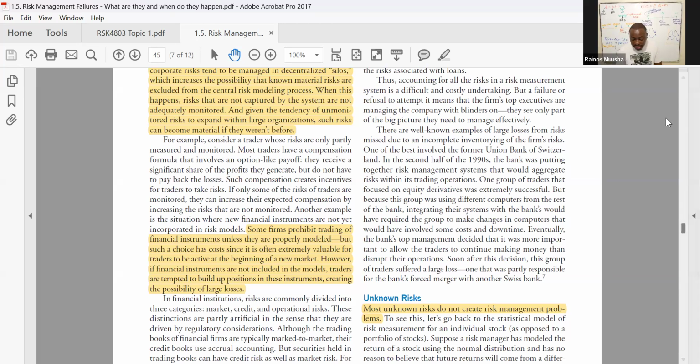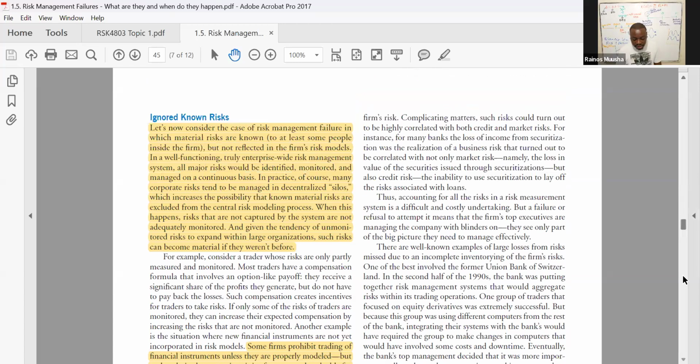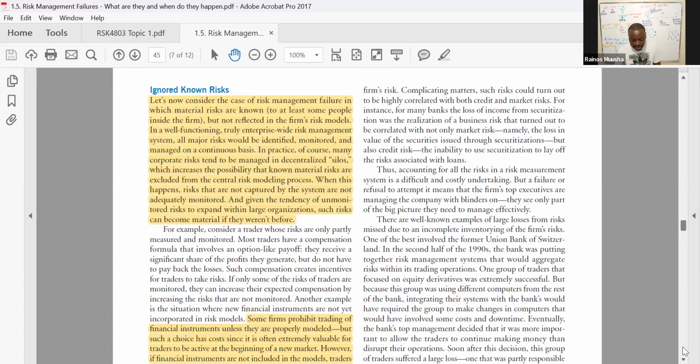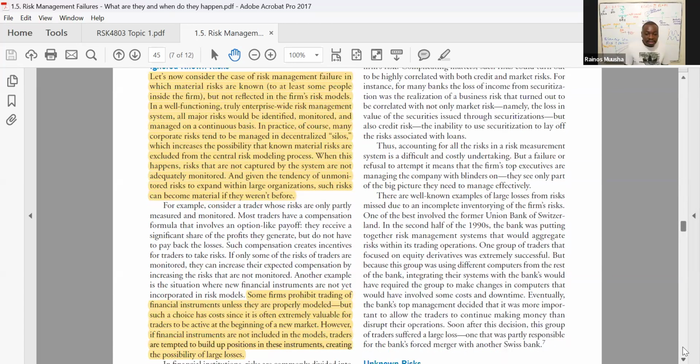So which means here they are saying, when you look at the implications of ignored non-risk, in some cases a company can be pursuing new markets, and as they are pursuing new markets, remember, there's always going to be that trend where if you are the first one to invest in a particular market, you are more likely to be the one who achieves the higher growth and higher returns.